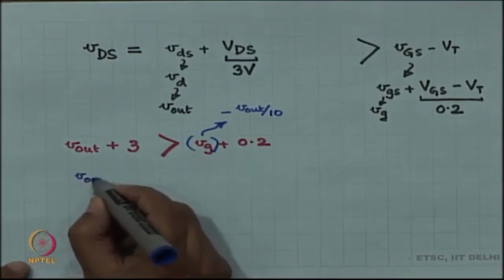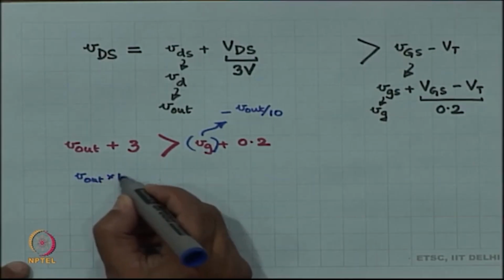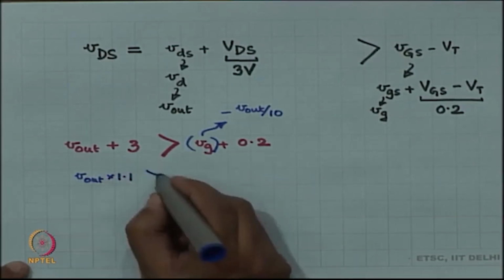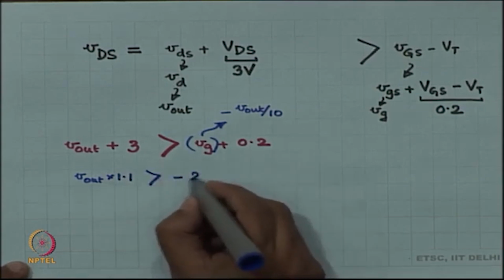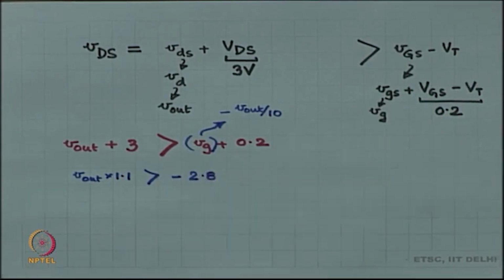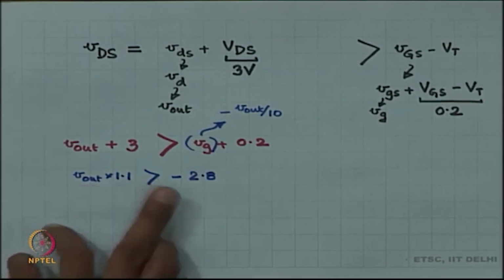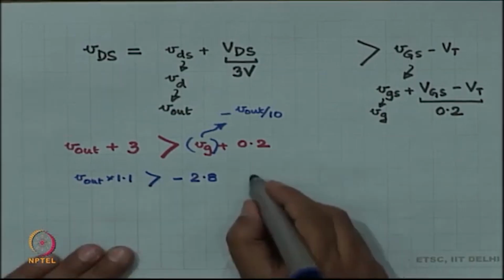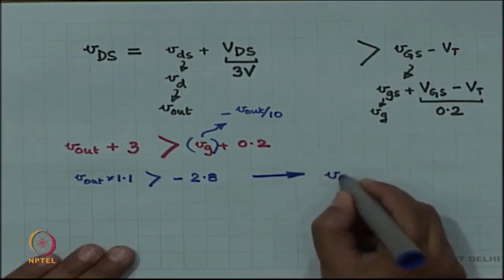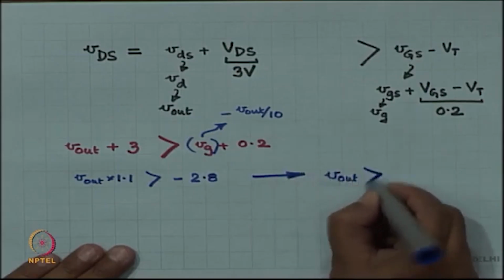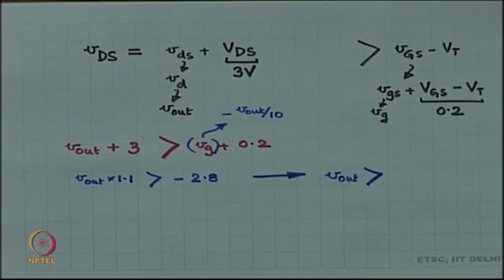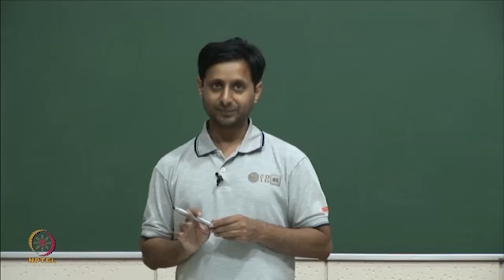So, V out into 1.1 is greater than minus 2.8. So, it is not just V out is greater than minus 2.8, V out into 1.1 is greater than minus 2.8, and this will give you V out has a limit, it has to be more than minus 2.8 by 1.1, whatever that is.